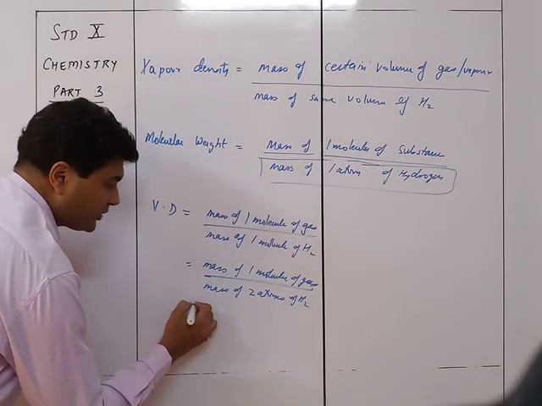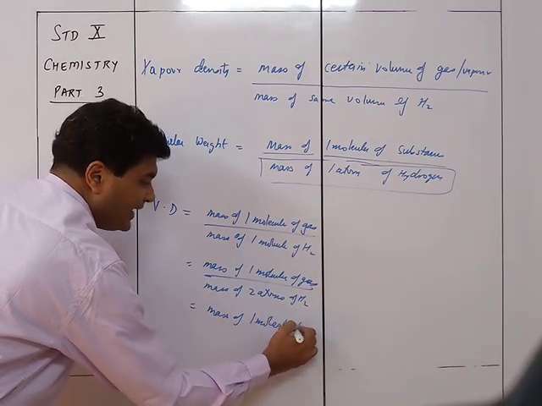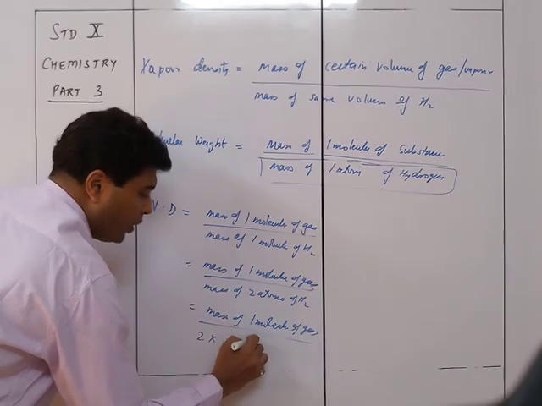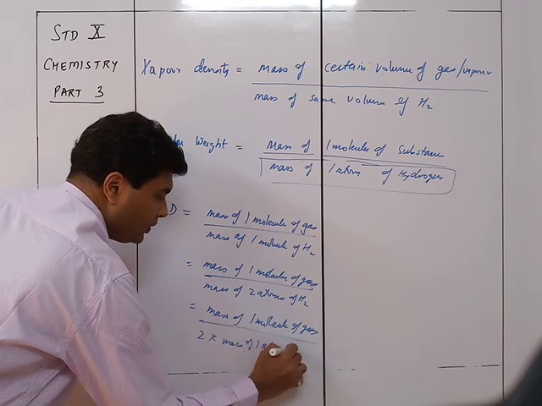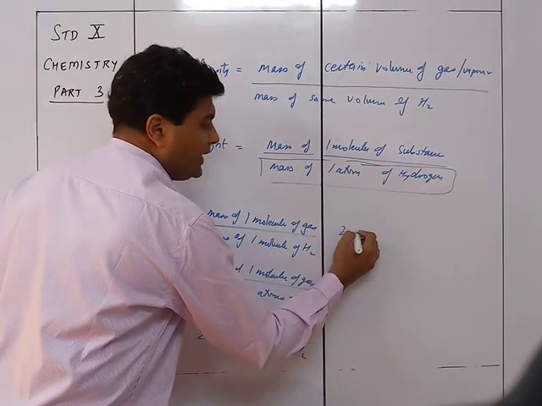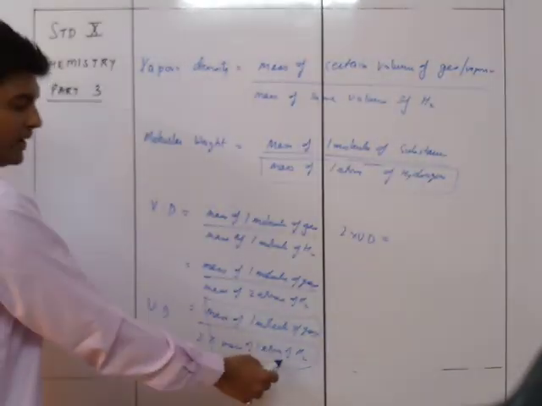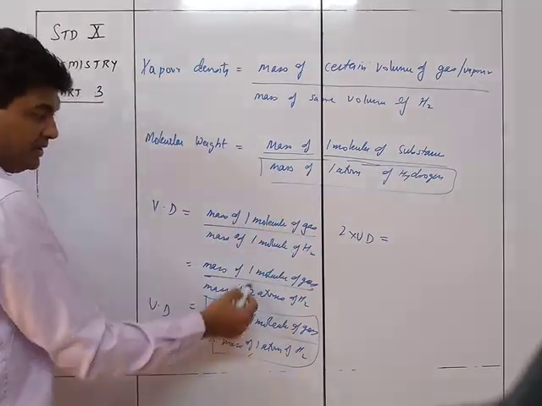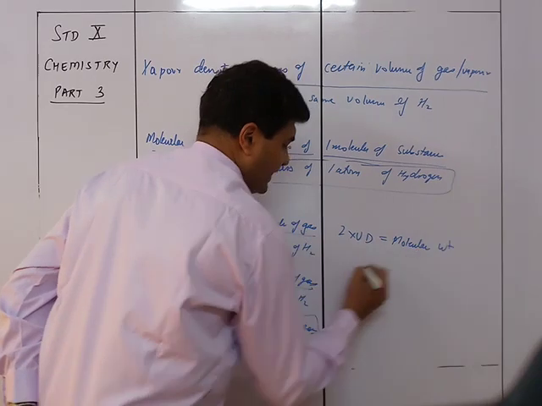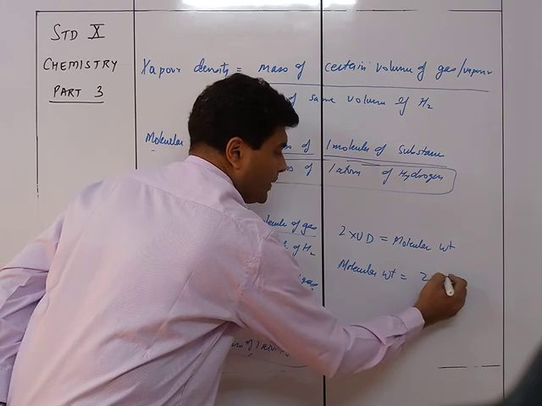So I need to see over here 2 into Vd is equal to the mass of one molecule of gas upon the mass of one atom of hydrogen. So this is nothing but one molecule of substance, it is the same thing. So that is the molecular mass, that is molecular weight. So we have over here that molecular weight is equal to 2 into vapor density.